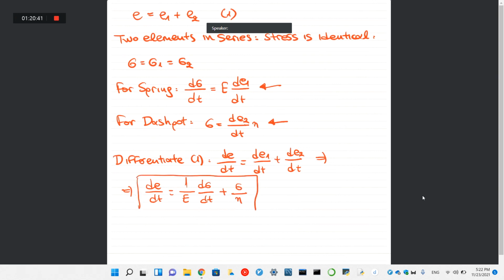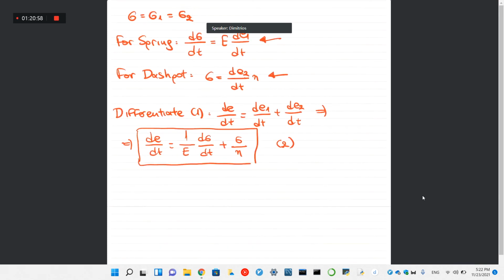Okay, now let's apply this equation onto the situation of creep and relaxation. So for creep, we have a constant stress. Okay. Sigma is sigma 0, and also the derivative of sigma with respect to time equals 0.